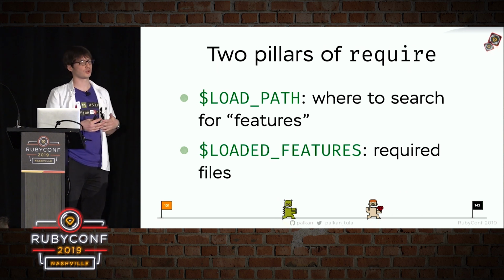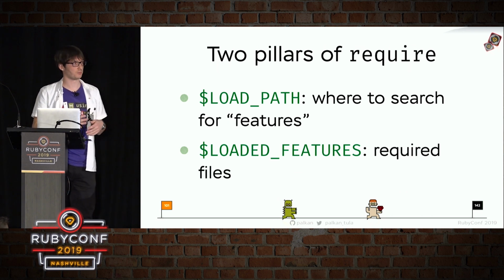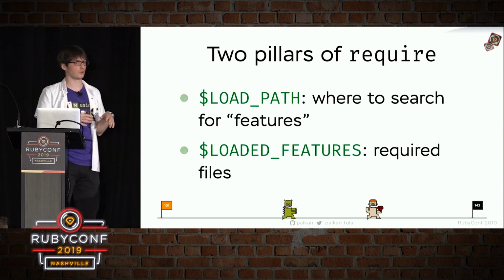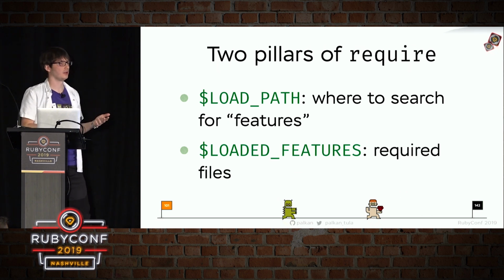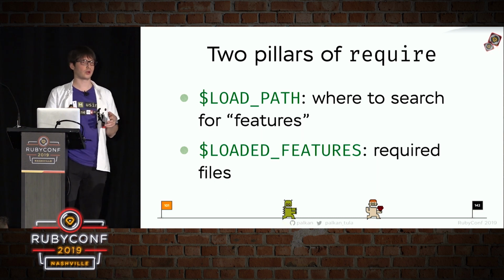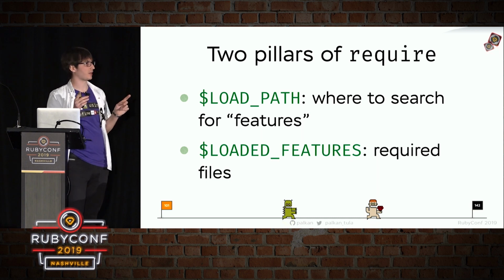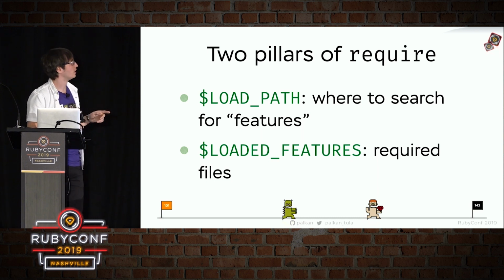The way we re-implement require is built on top of two arrays which are responsible for loading features in Ruby. The load path is the array of locations of where to look for a particular feature. A feature is a kind of path or name of a gem, for example.